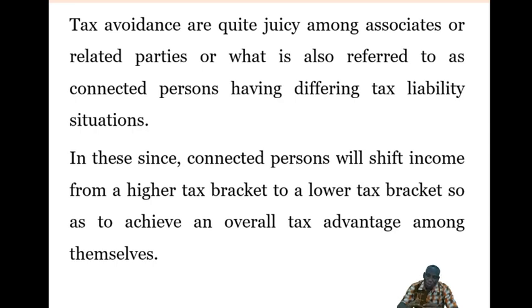And if you want to continue explaining, you have to point out the fact that persons can be connected at the individual level, they can be connected at the partnership level, they can also be connected at the company level. So you need to explain how persons can be connected at the individual level. For example, you can talk about an individual and a wife, they are connected. An individual and a wife's sister, they are connected. An individual and a brother, they are connected.